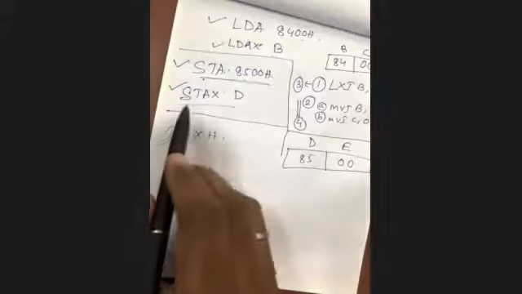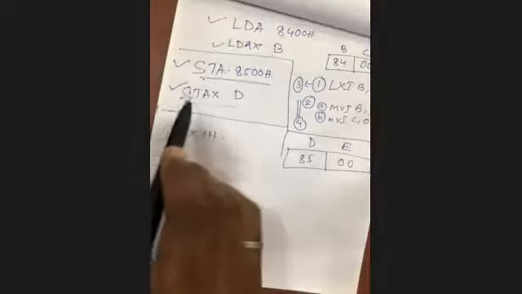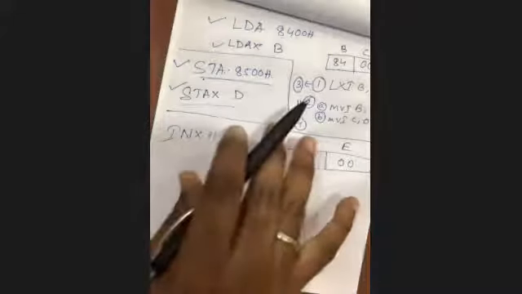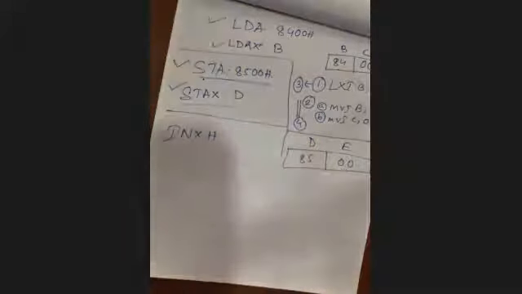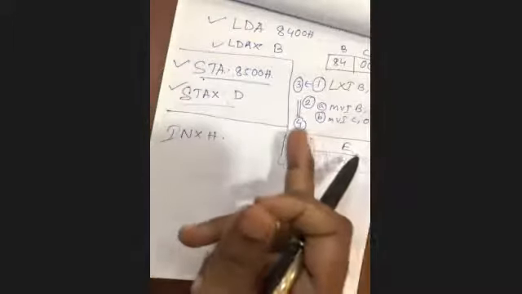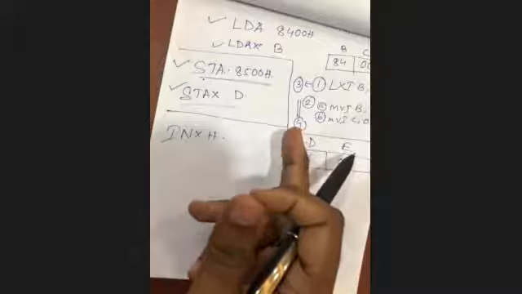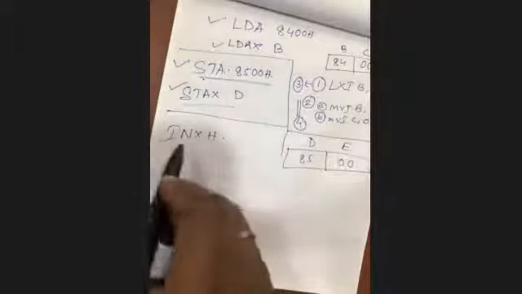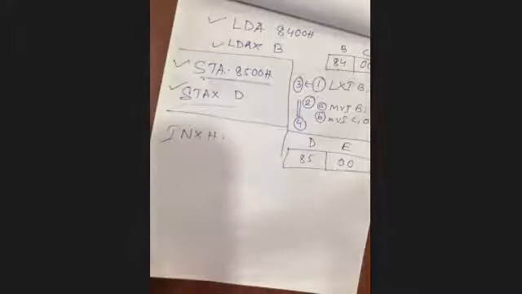Say STAX D, the first data will be copied from accumulator to 8500. No issue for that. Again, I want to copy the accumulator data into 8501. So then only INX, and again I repeat STAX D. So what will happen?